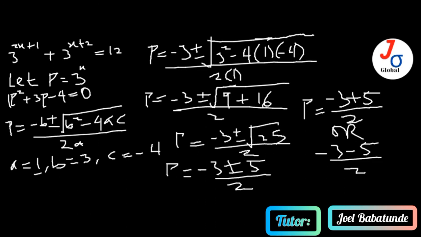So definitely coming here, our p now becomes minus 3 plus 5, that's 2, 2 divided by 2 is 1, or our p now becomes minus 3 minus 5 is minus 8 divided by 2, you have minus 4. So our p value is actually p equals to 1 or p equals to minus 4.